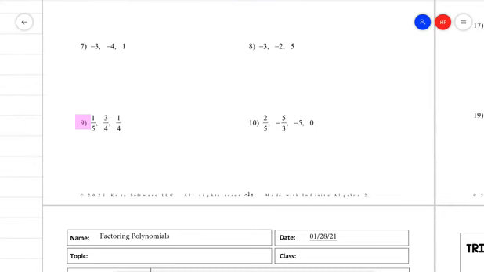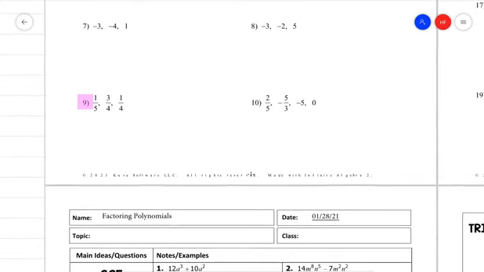And on number 9, we have all fractions. So we're going to say x equals 1/5. And we're going to solve that to make it x plus or minus something is equal to 0. So we got 5x equals 1, subtract the 1, and 5x minus 1 is equal to 0. So that's one of my factors.